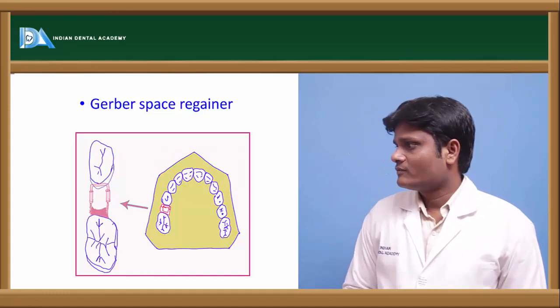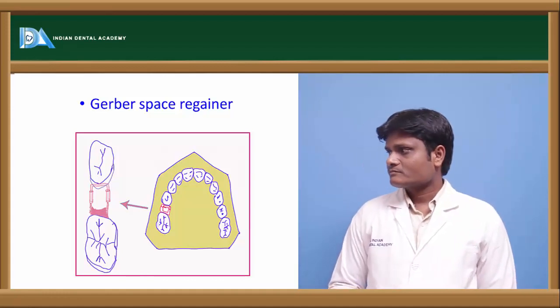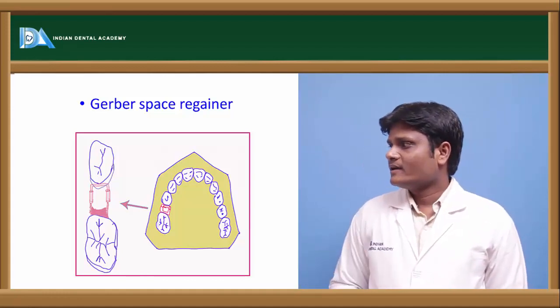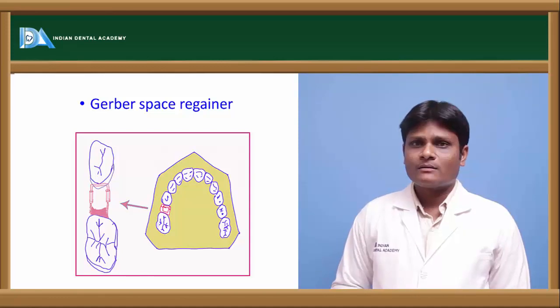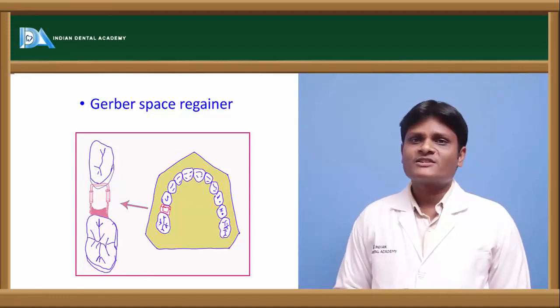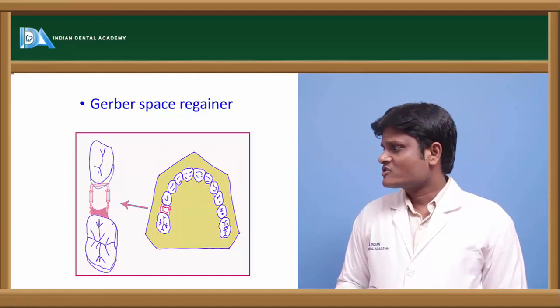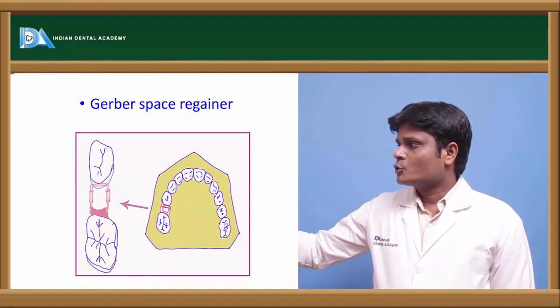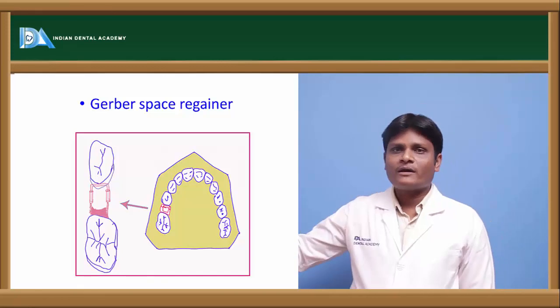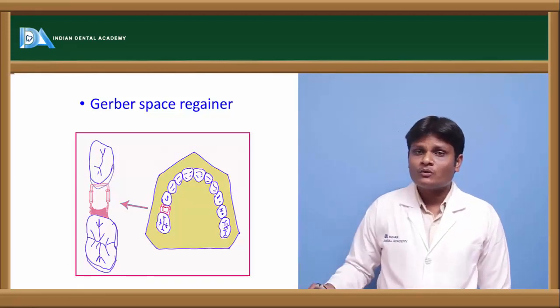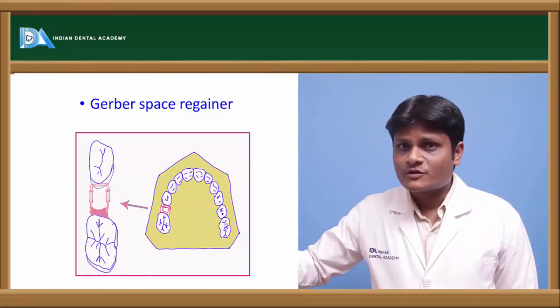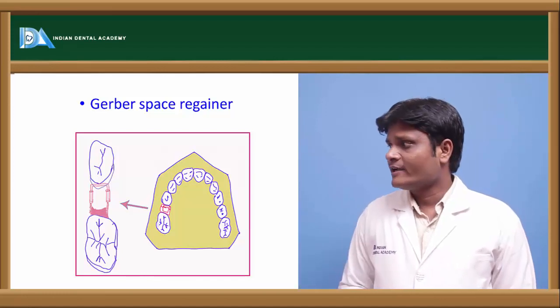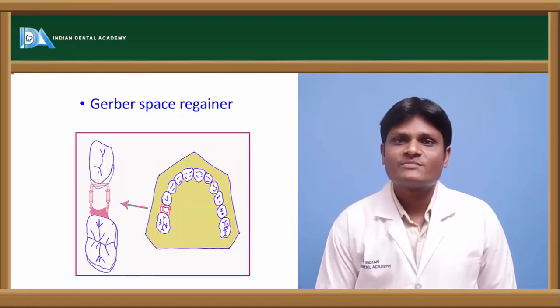In this kind of space regaining appliance, we can have a crown or band onto the deciduous first molar, to which a rod formed into the shape of a U is soldered, and at the ends of it we are placing open coil springs.